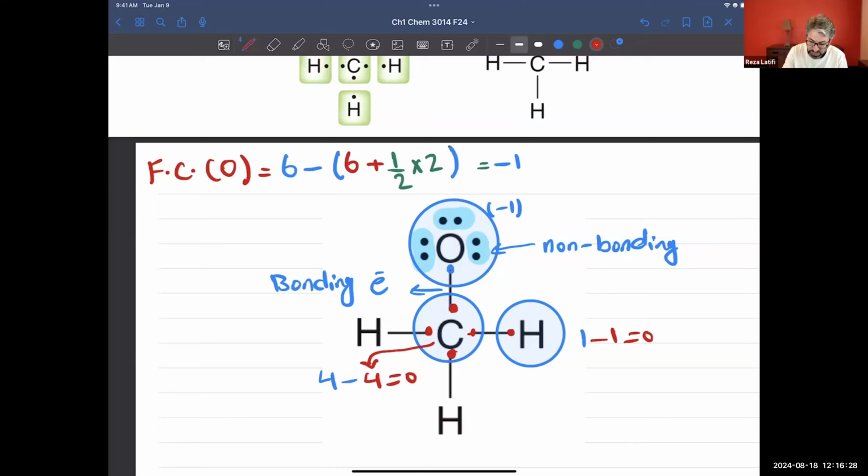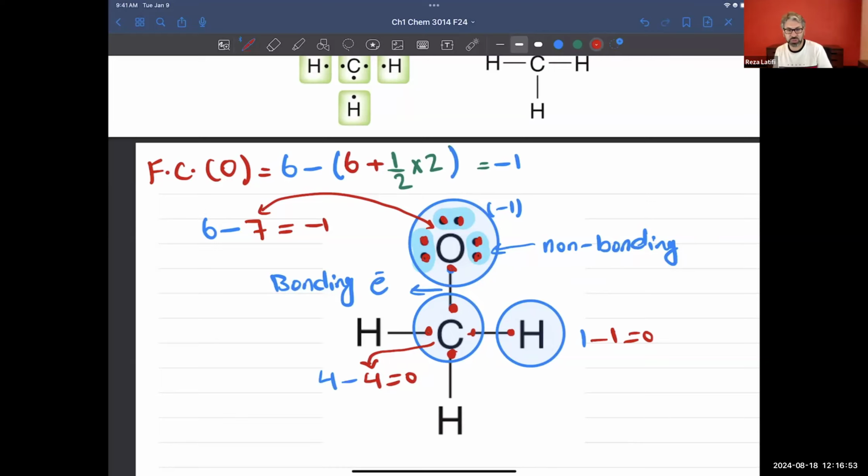Let's repeat this for oxygen. Oxygen is a group 6, minus how many electrons inside the circle do you see? I see 7 of them, so it will be -1. Again, where did I get the 7? I got it from the electrons that I see inside the circle: 1, 2, 3, 4, 5, 6, 7 of them.